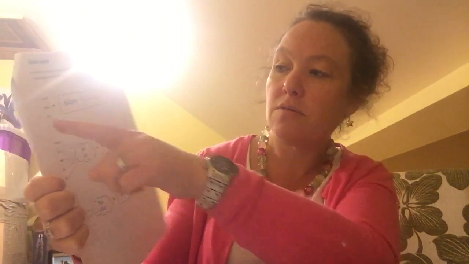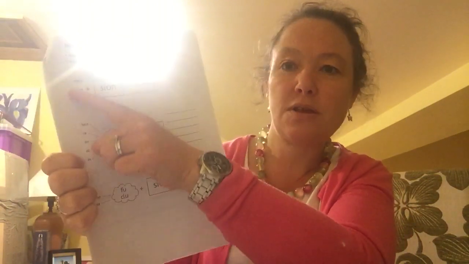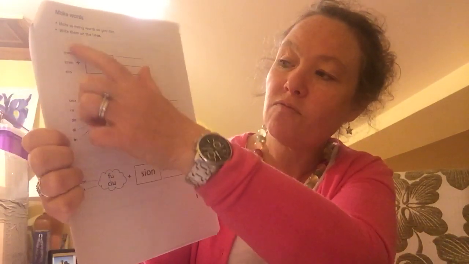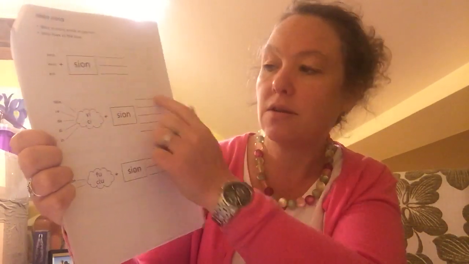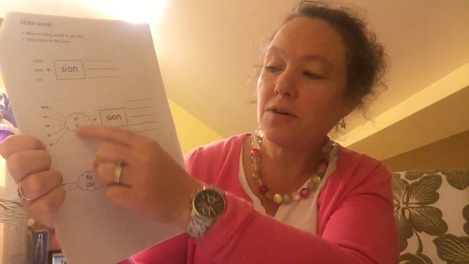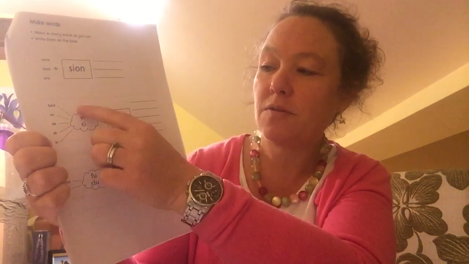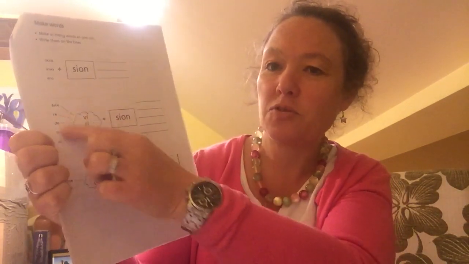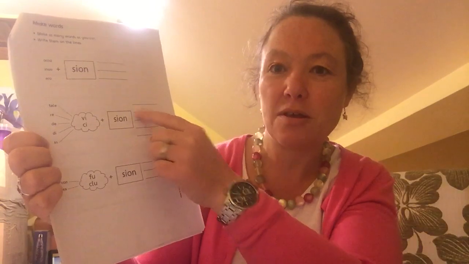You've got to make words using these different endings, and it gives you, so the first ones are easy. I know the light's in the way there a bit, but you've got three root words, if you like, and you're adding SION. Then you've got some beginnings of words, middles of words, and then the ending of the word SION, and you've got to decide which one is going to fit to make the right spelling.